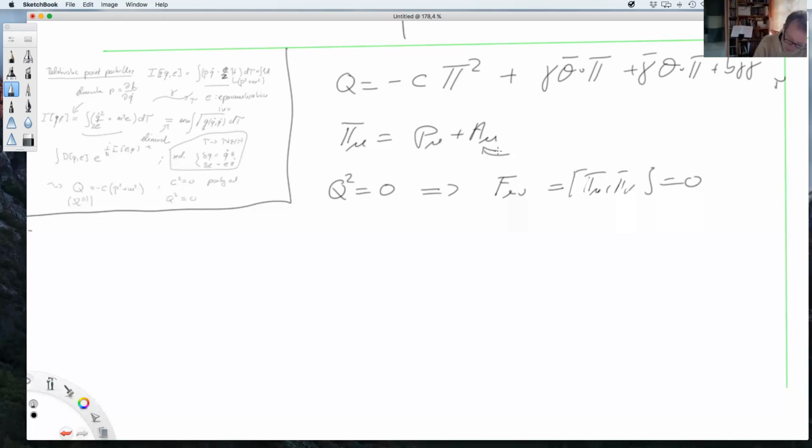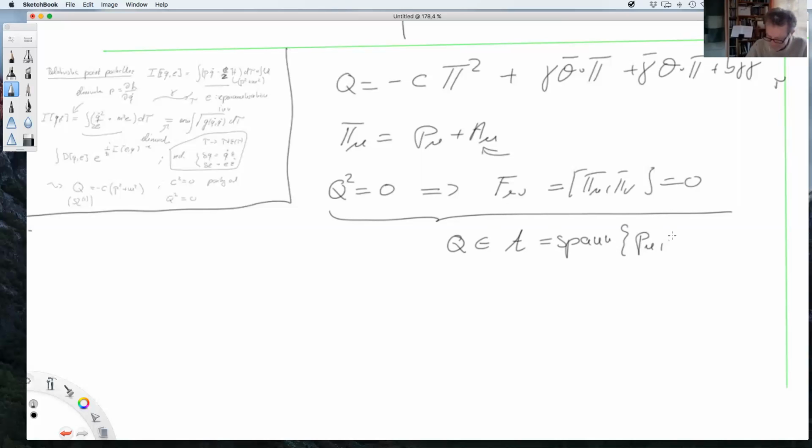So we introduce, because so far, maybe I should say that here again, so far, Q is built out of an element in an algebra A, which is generated by what? It's generated by the momentum operator, apparently, the C, the B, the gamma bar.